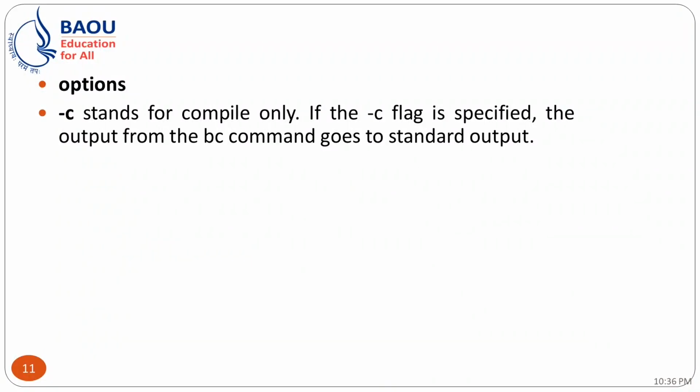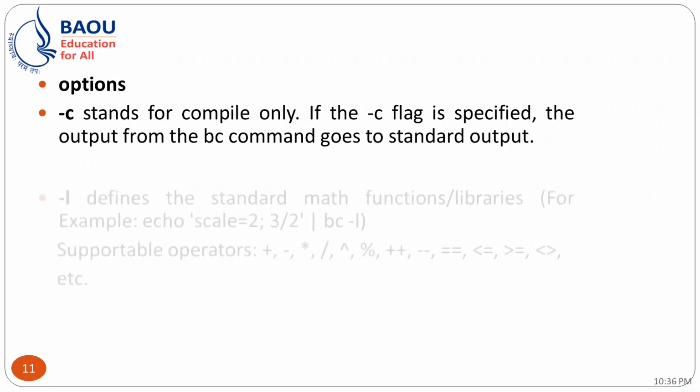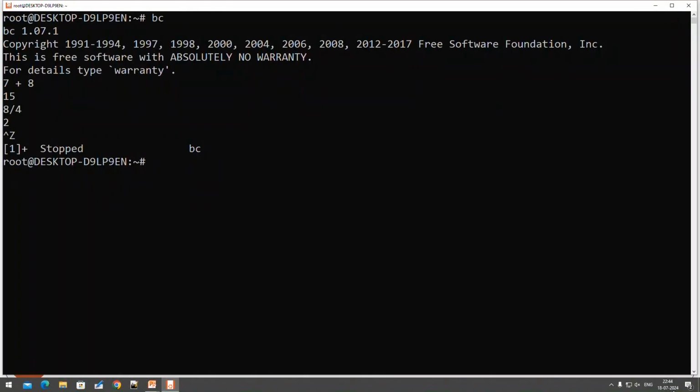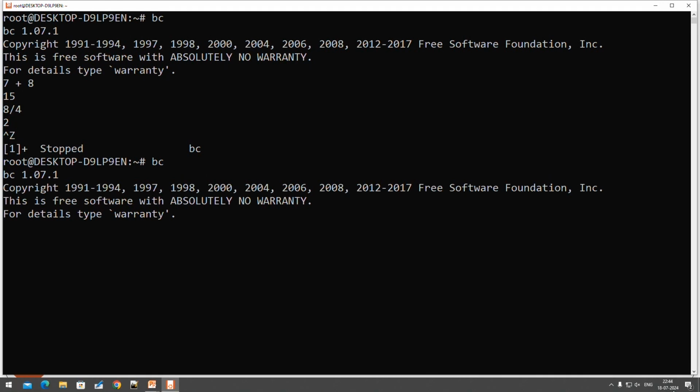Now we are moving on to some options. C is the compile only option. L is used for adding the mathematical library functions with your commands. Again I am executing the BC command. Now I would like to perform a division operation, for example 5 divided by 3.